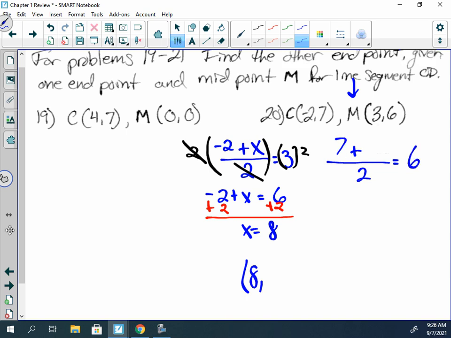Now they told us the y coordinate of one of the endpoints was 7, but we don't know the other one, so we'll just call it y. But we are told that its midpoint is 6. The y value of the midpoint is 6.